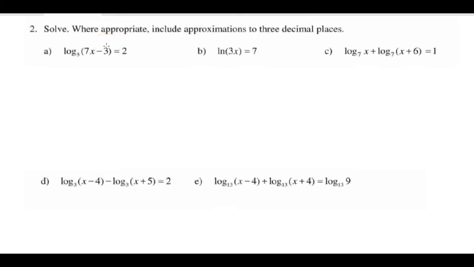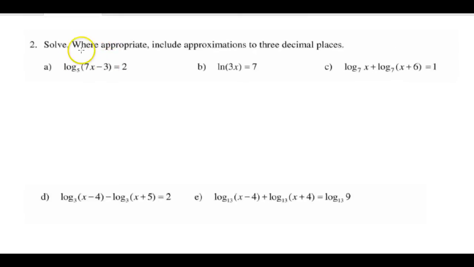So let's go on to doing these. And now these are in logarithmic form. What we're asked to do is to convert them to exponential form to solve them. And our answers again approximated to 3 decimal places.